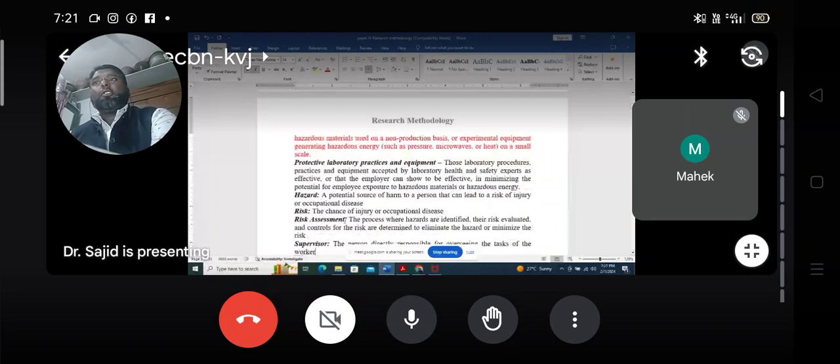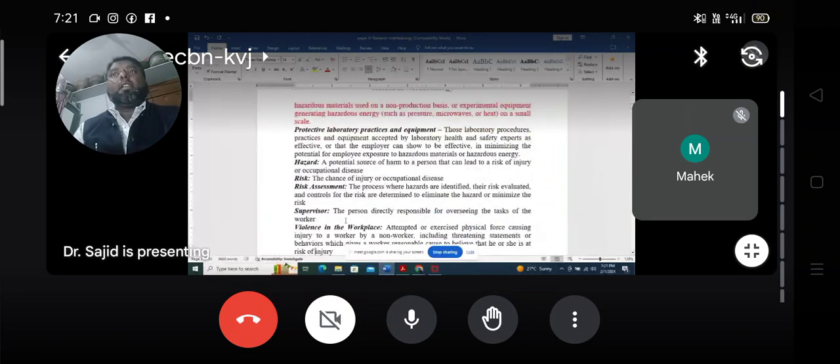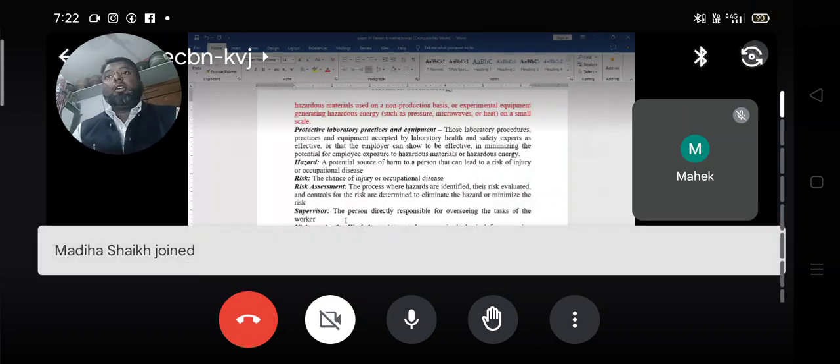Those laboratories where the safety of the worker, that may be the teacher, the researcher, or the student. Worker is nothing but the person who is working in the laboratory. You have to remember this thing.